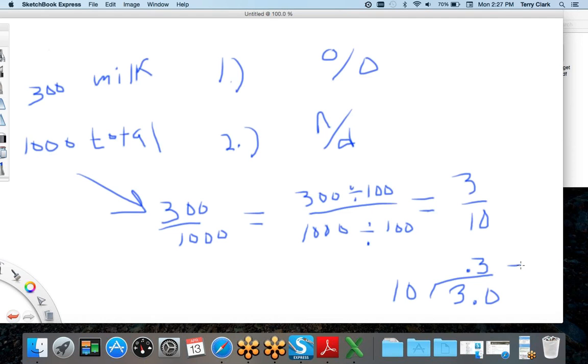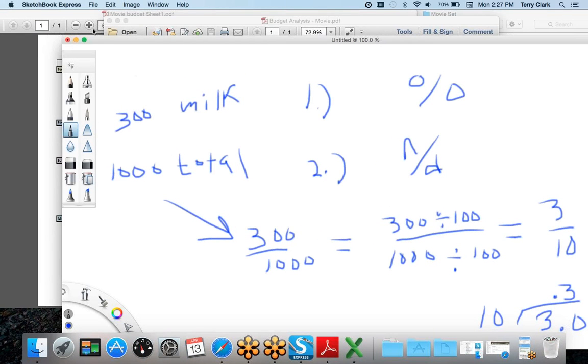Then we move the decimal 2 places to the right and come up with 30%. So if they asked us what percent of the total cost is the milk, that would be 30%. If we were asked what fraction of the total cost is the milk, that would be 3/10. So just watch how the question is worded and what they're asking.